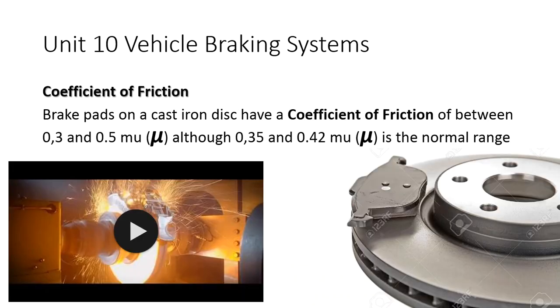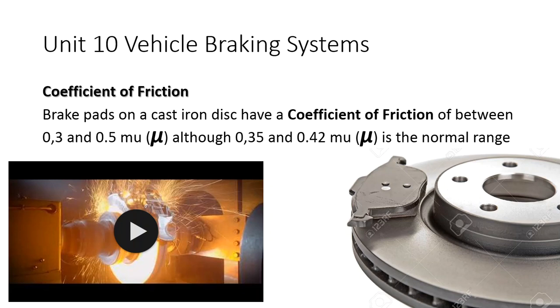So what does that mean in terms of our brakes? Well, brake pads on a cast iron disc also have a coefficient of friction. And depending on what material is used or what makeup of that material is used, we find that it will fall somewhere between 0.3 and 0.5 mu. Although the normal range is more likely to be 0.35 to 0.42 mu.